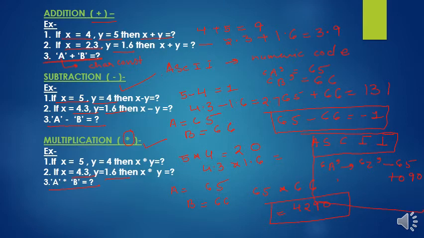Next is the ASCII code of small a to small z, which is 97 to 122. And the ASCII code of 0 to 9 is from 48 to 57.